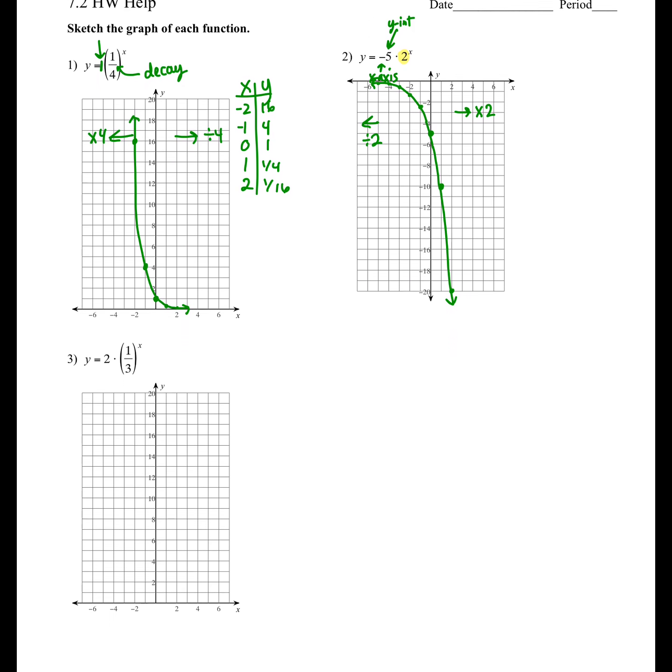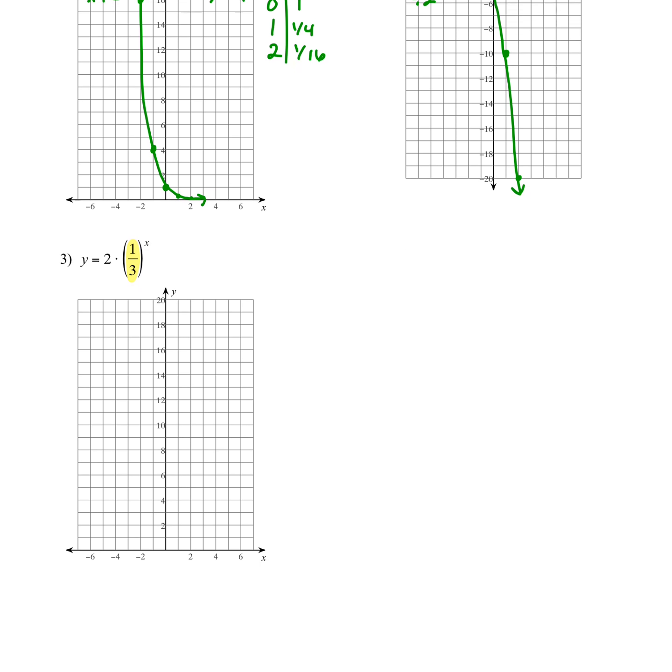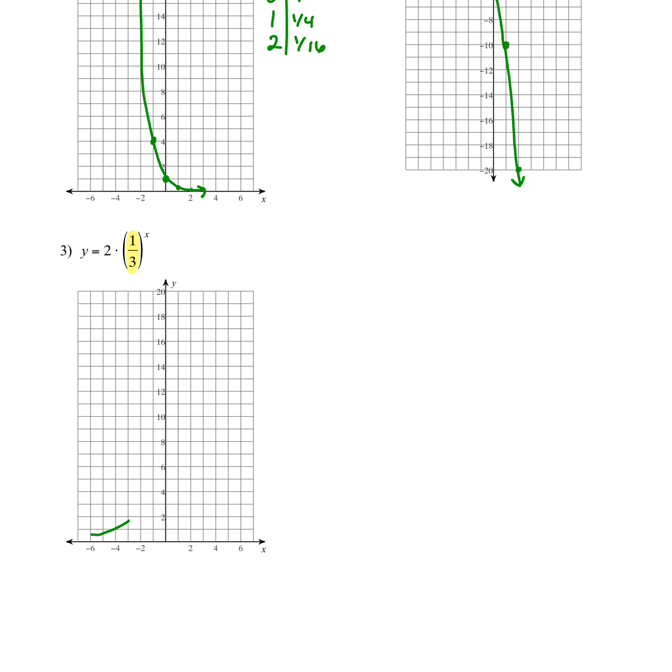On the next one, once again, I see a number between 0 and 1, meaning we are going to be decreasing. Remember, the reciprocal of a number simply reflects it across the y-axis. So if something were growing and it got reflected across the y-axis, it is now decreasing, and it represents decay. If I want to graph this, I start with the y-intercept at 2.